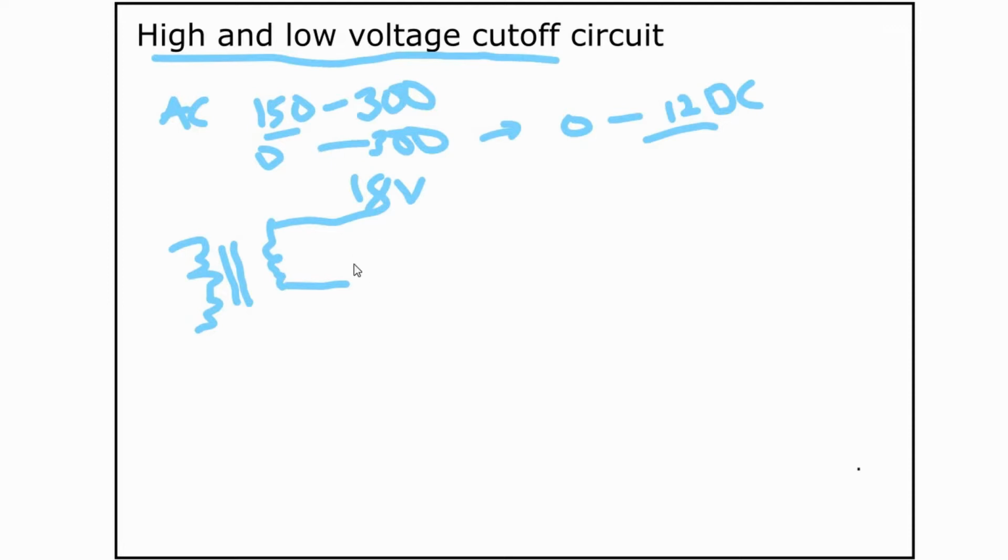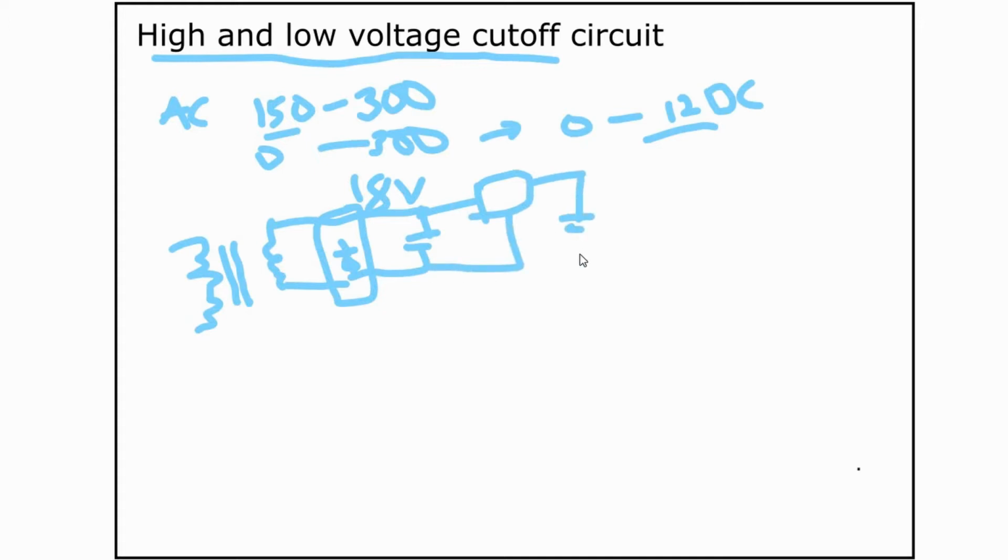Our power supply will also be derived from the same system. If you remember our power supply design, we used a rectifier circuit, then a capacitor, and then a regulator IC, and then we got 12 volts DC.